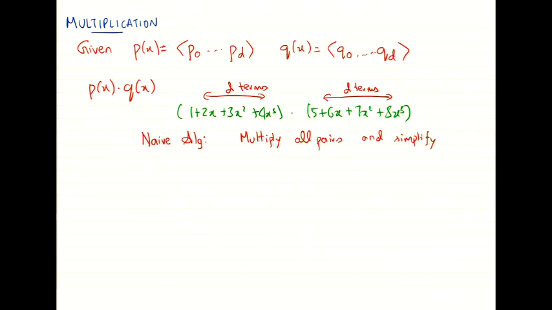But the total computation you did was order d squared, because at some point you had d squared terms in your operation. That you multiplied every pair of terms in each of the polynomials. So the naive algorithm takes order d squared time. Is it clear? Okay.